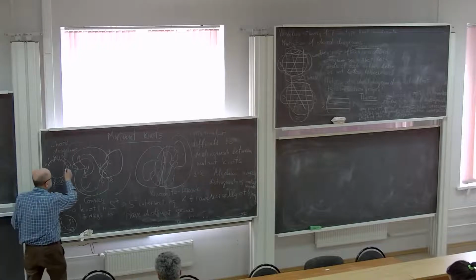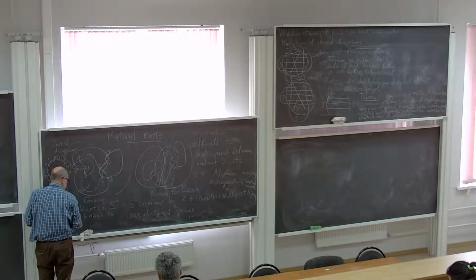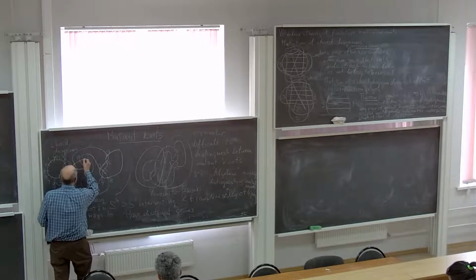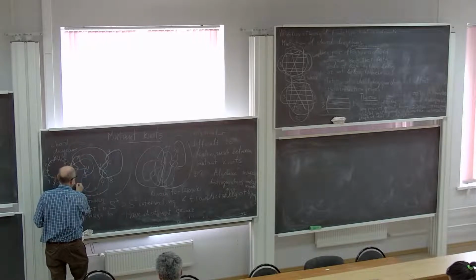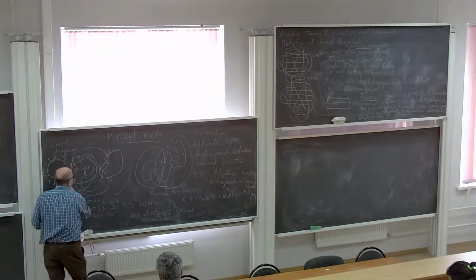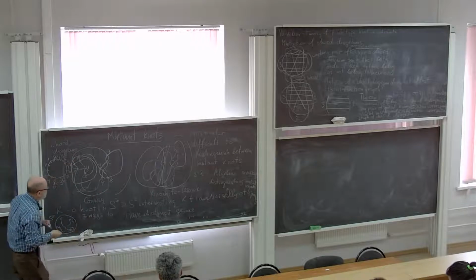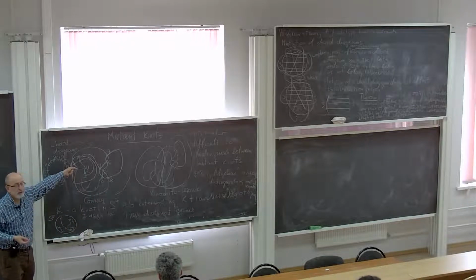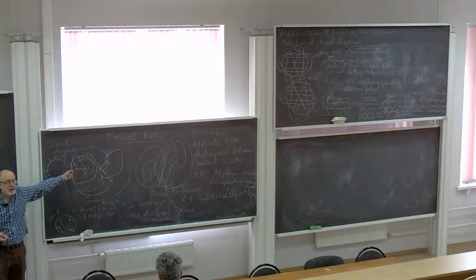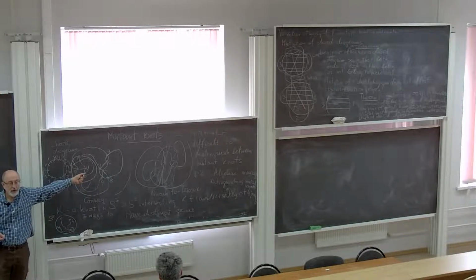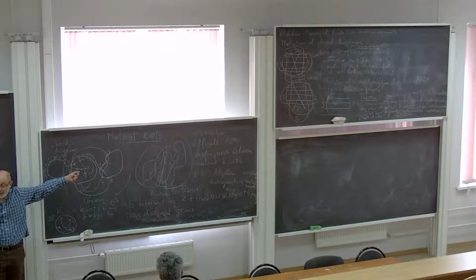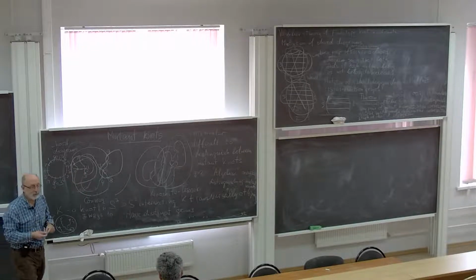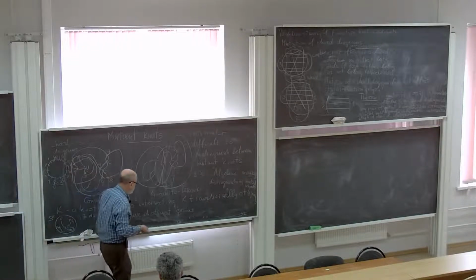And I will obtain a share like that. And the complementary share. And if I make a mutation inside this share, then I'll obtain the chord diagram corresponding to the plane diagram of the Kinoshita-Terasaki knot.